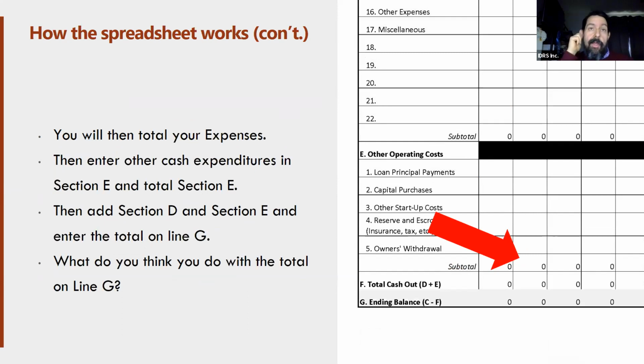The reason they're differentiating these, if you know anything about accounting, is that on the profit and loss statement, if you're doing accrual accounting and you're making a loan principal payment, you do not show that loan principal payment as an expense. Sorry, it's getting jumbled in my head.